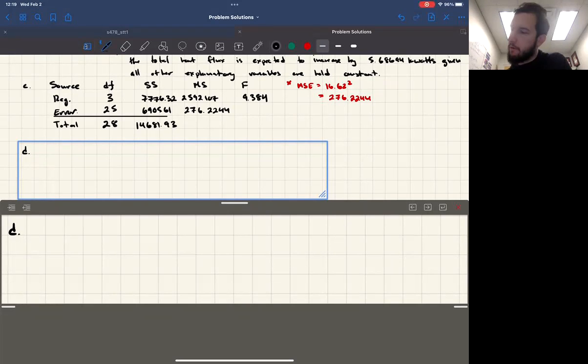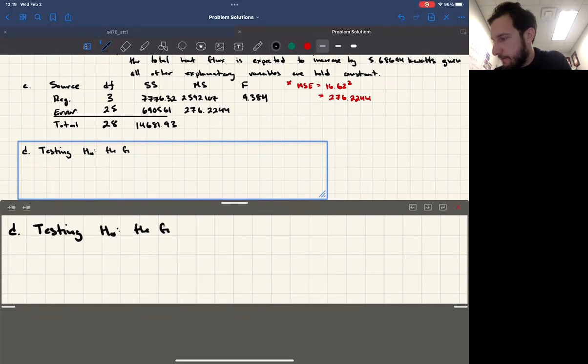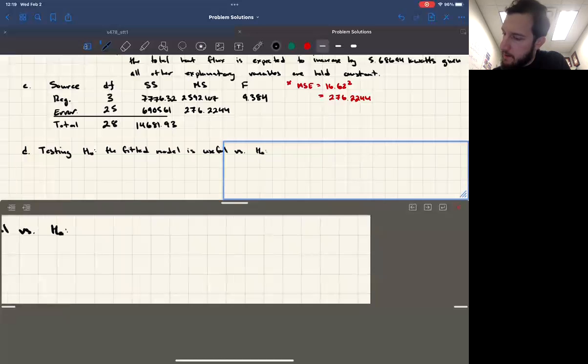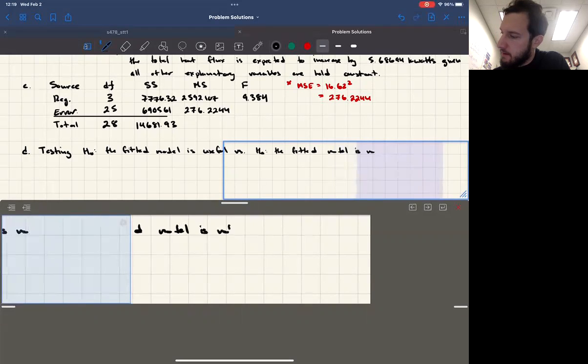So, okay, first off, essentially what we're doing is we're running a significance test. So we are testing H0, the fitted model is useful, versus HA, the fitted model is not useful.